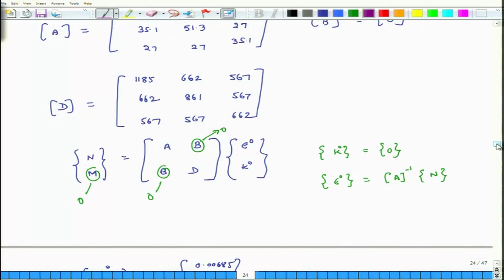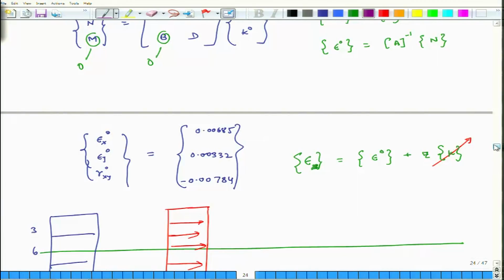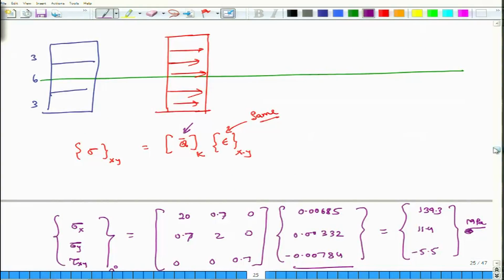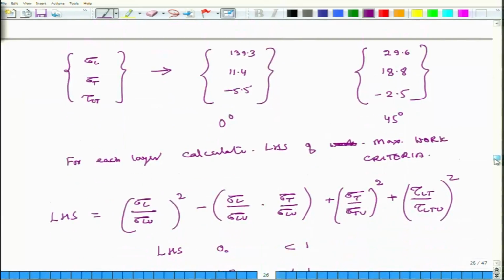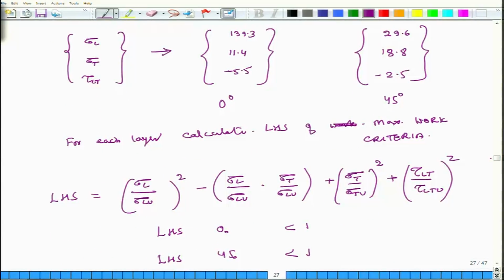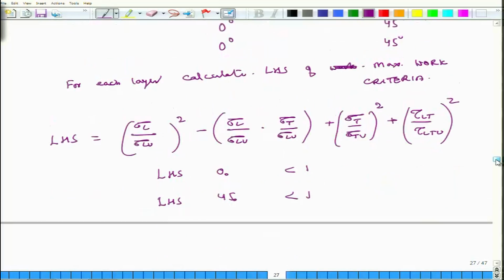A does not change, B does not change, D does not change, but strains will double, because this is a linear elastic material. When strains double, stresses will double. When stress doubles, all these calculations of stress will double. But this factor LHS, what will happen to this? It will go up by a factor of 4.